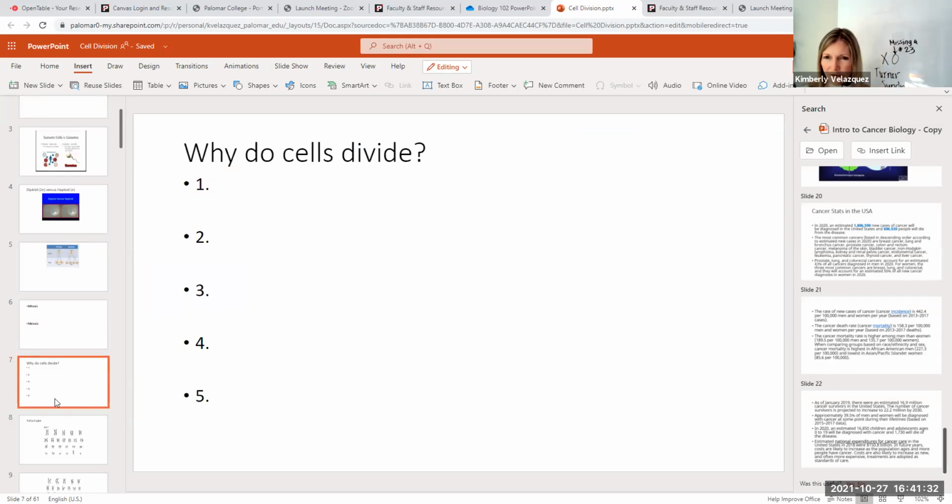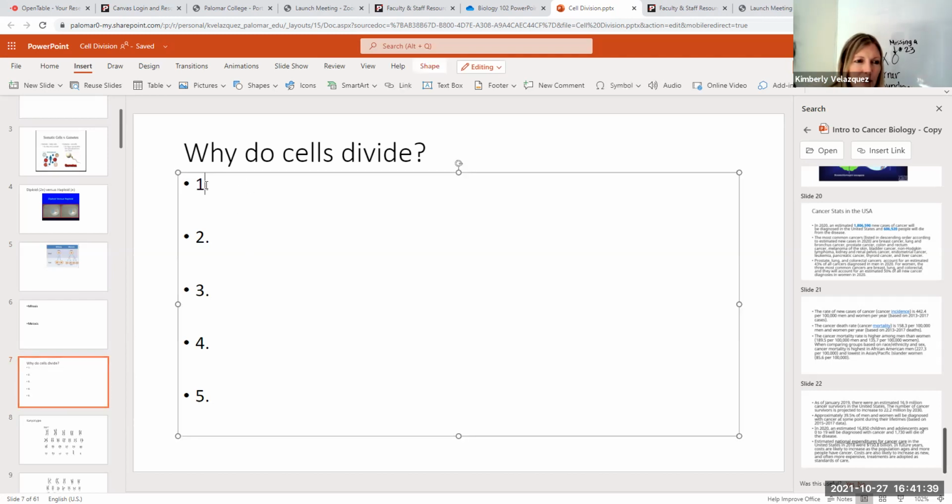The reasons cells divide, go ahead and type those in here as a review. Development, so when that original zygote developed into a whole organism, that required a lot of cell division.